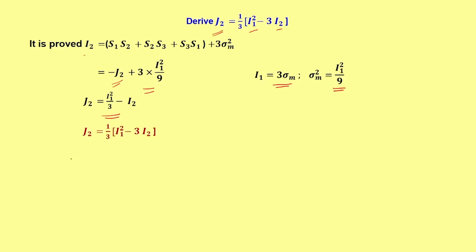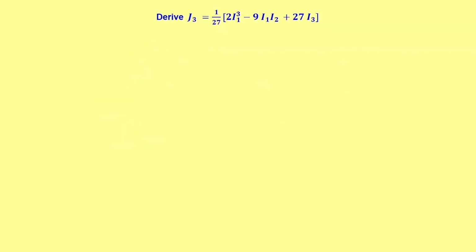If you take 1 by 3 outside, J2 is equal to 1 by 3 I1 square minus 3 I2, and that is what we need. So, this is one relationship between the both invariants. The next expression and the last one is J3 is equal to 1 by 27 times 2 I1 cube minus 9 I1 I2 plus 27 I3.